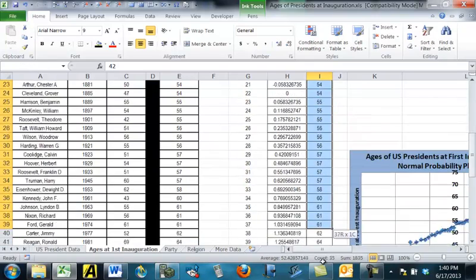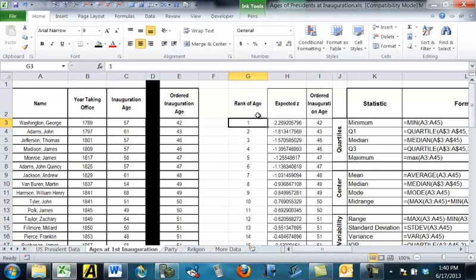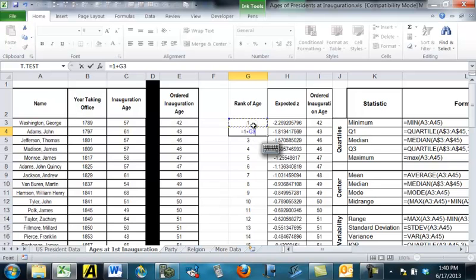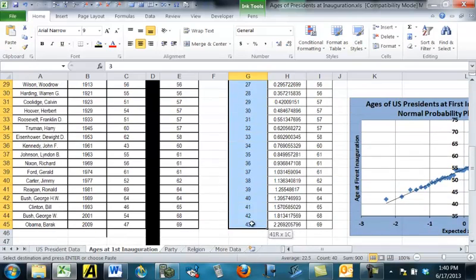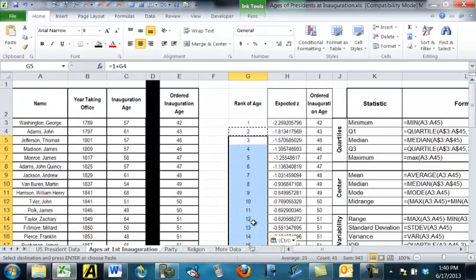Okay, I pasted them here. And I want to find the rank, so I just type in 1, and then below I type, the easiest way is equals 1 plus the one above, and then copy that and paste it below all the way to 43.